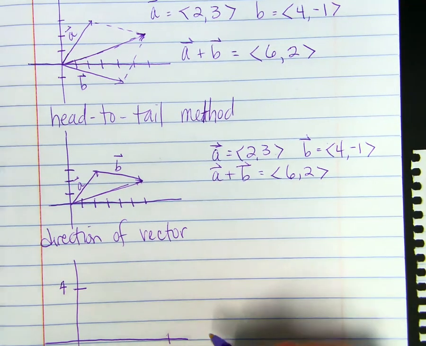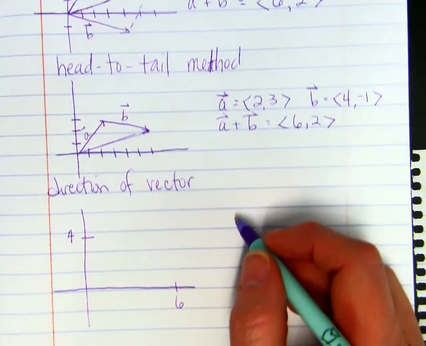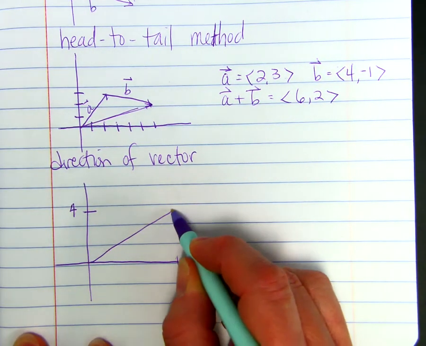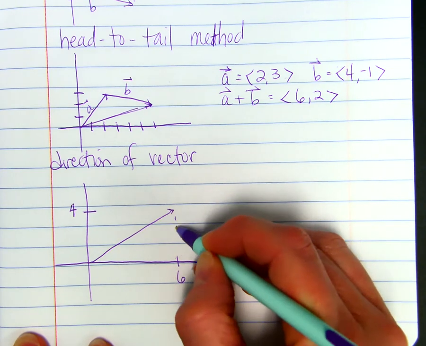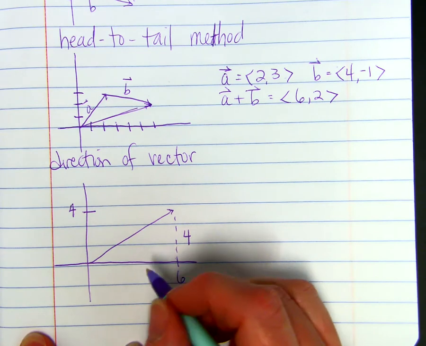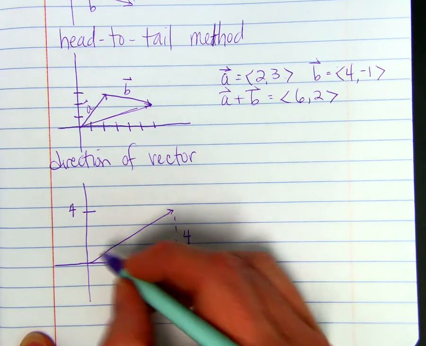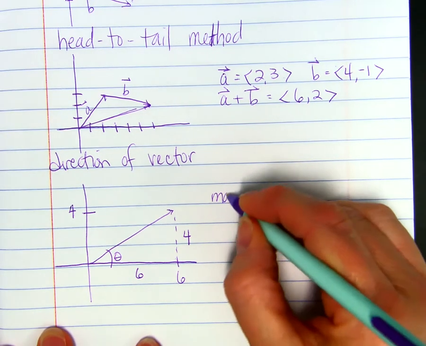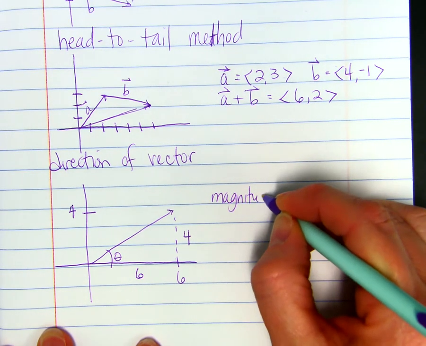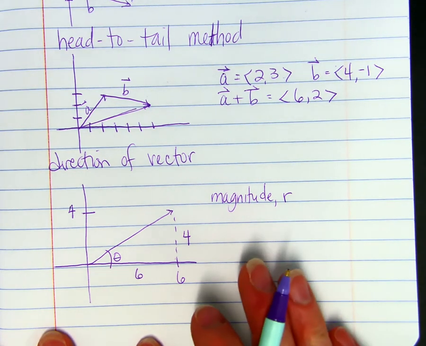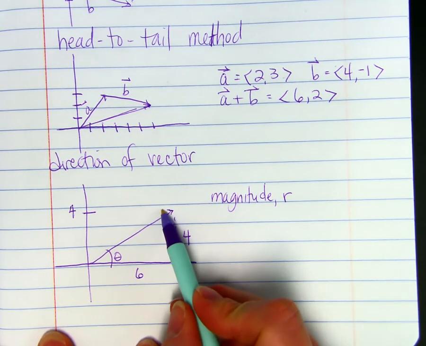This is going to be 6. Okay, so we have the magnitude we call r. And if you guys remember, to find magnitude, it's just like finding the length of the vector.